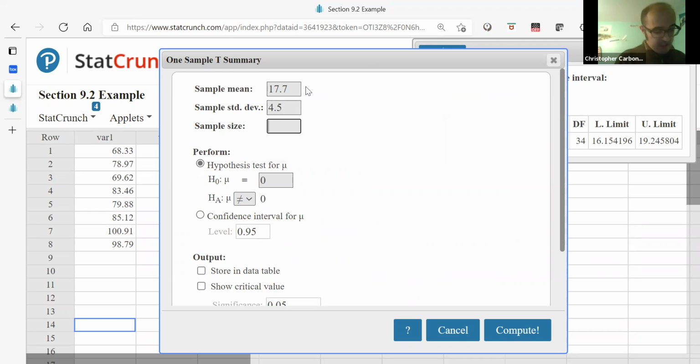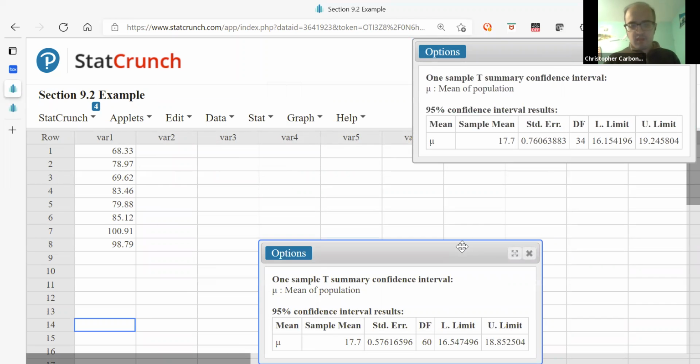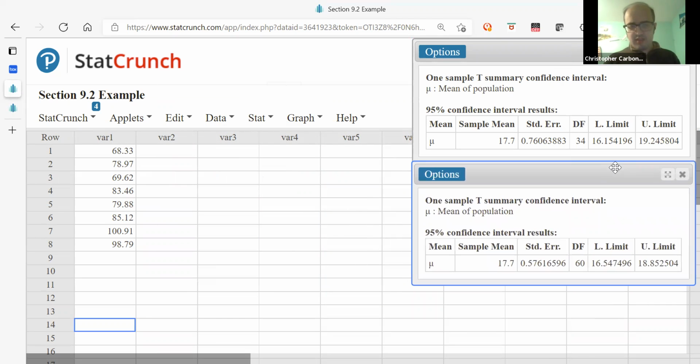Sample size now of 61. Again, 95% confidence. And we could see the difference with these two bounds now, right? We could see that the bound shrunk a bit. Lower limit increased to 16.5475, and the upper limit decreased to 18.8525 in this case.